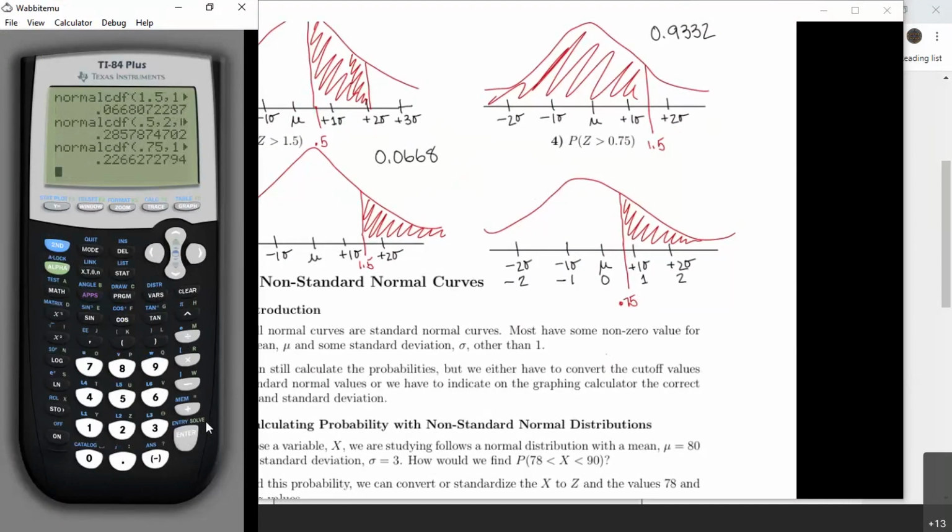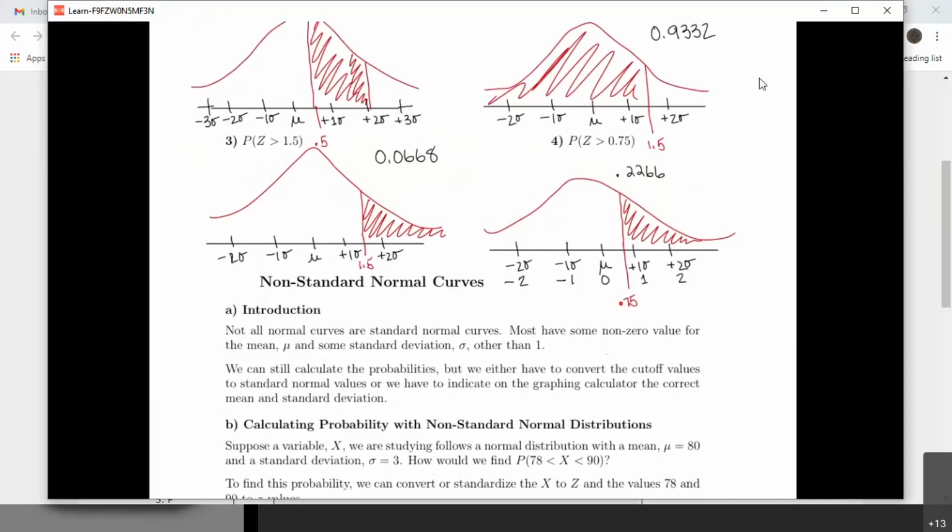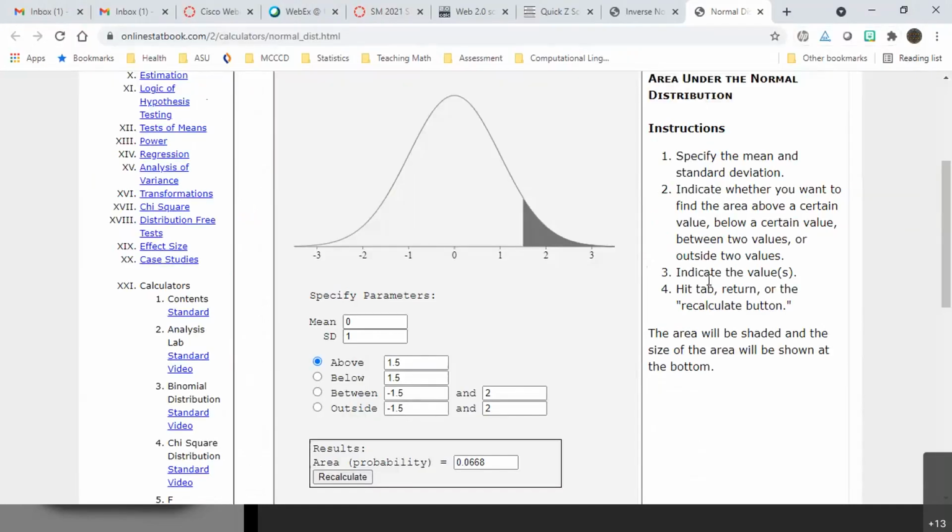All the way out in the tails, that gives me 0.2266. You can see again on my online calculator, all I would do is click above and change this to 0.75, recalculate. The online calculator is super, super easy to use.